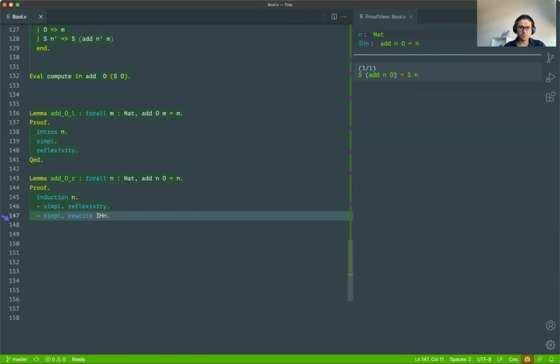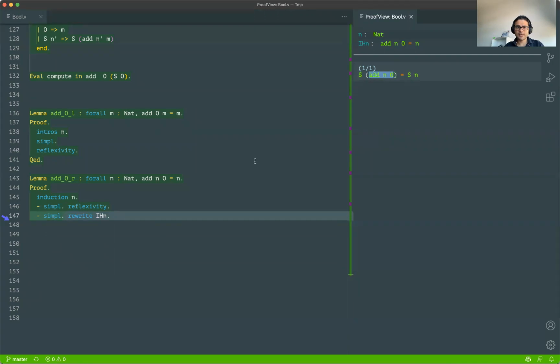So rewrite IHn, the Coq theorem prover is going to look for the left-hand side of the equation in the goal and replace all the occurrences of that left-hand side in the goal by the right-hand side of the equation. In this case, the left-hand side is just appearing here.